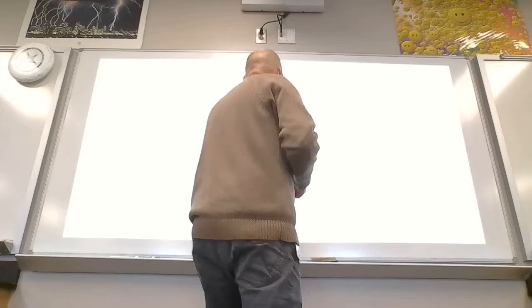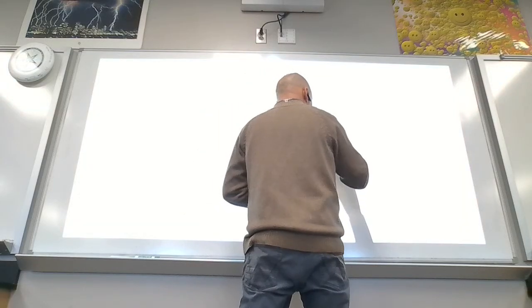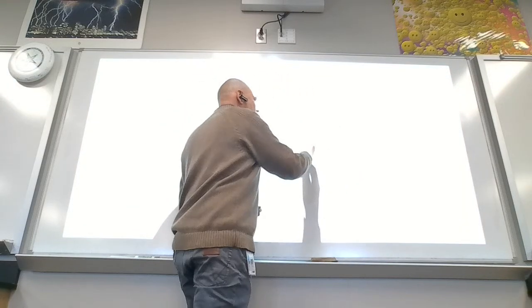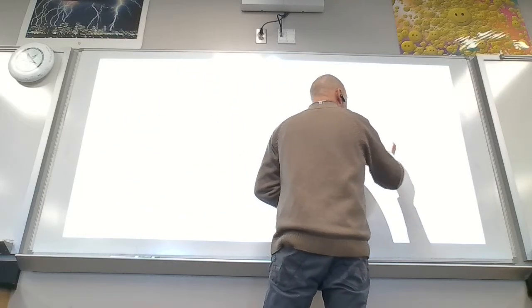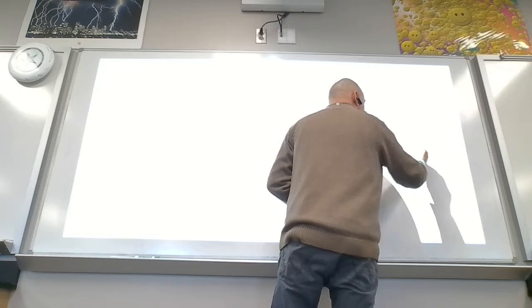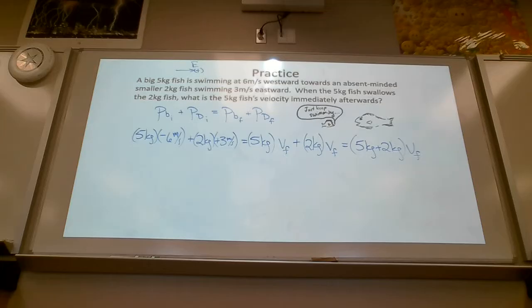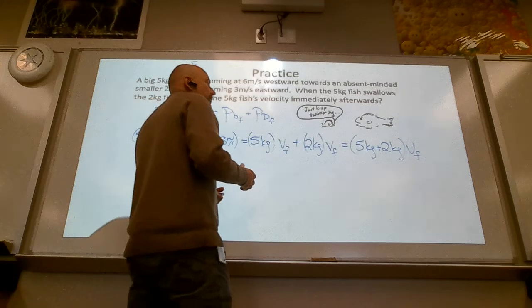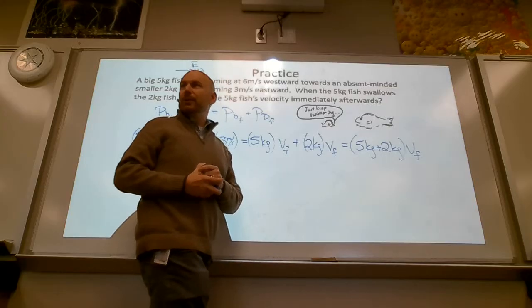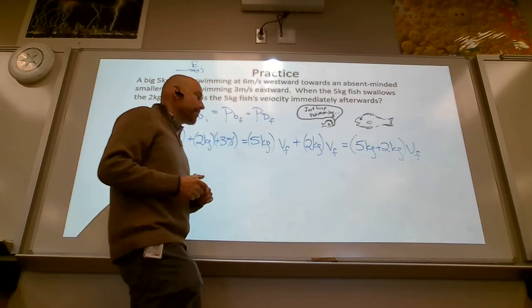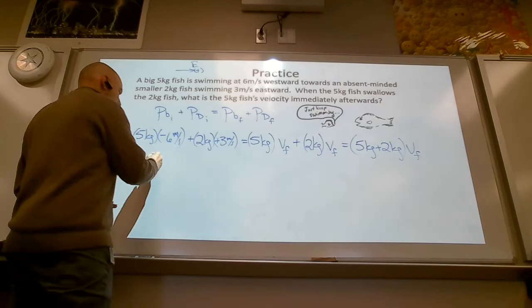So you can either write it like this, or you can write it like this: big fish with a full stomach. Either way is fine, unless I'm asking for the change of momentum of just Dory. Then you need to separate that out. Either way you do it doesn't really matter.